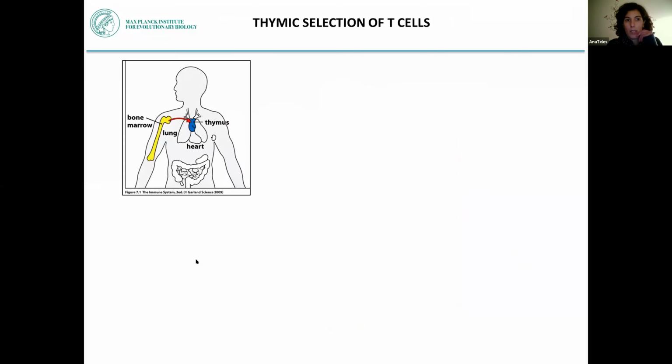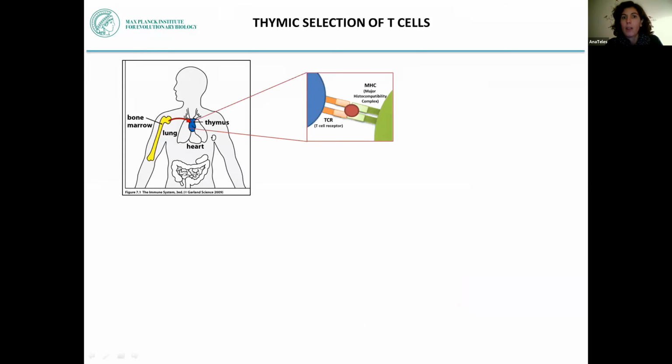T cells come from the bone marrow to the thymus, where they go through a process of maturation. During this maturation, they acquire the T cell receptor repertoire that can recognize peptides presented by the MHC on the surface of thymic epithelial cells.